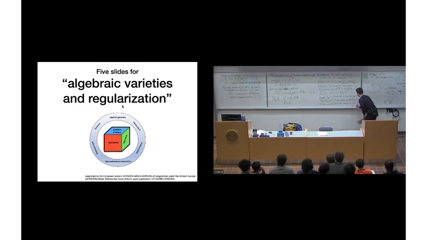These are maybe some heavy words, but we'll do an example and I'll explain these words to you by means of an example. The message is these varieties are very well understood, and they have a very combinatorial flavor. All the invariants only depend on the matroid that A represents. That means if you take another matrix A with the same subsets of D columns whose determinants are non-zero, you'll get the same invariants. So the invariants of this variety only depend on which D by D submatrices are invertible.